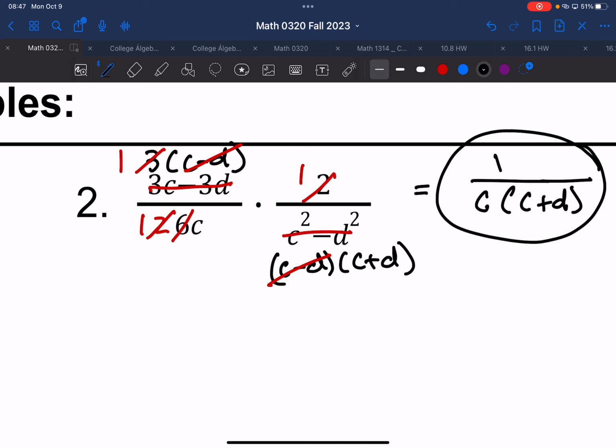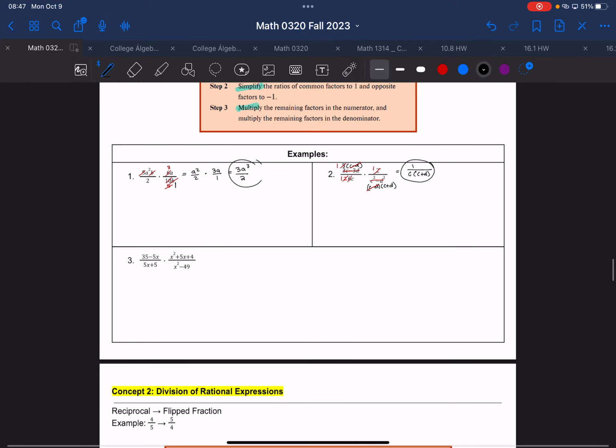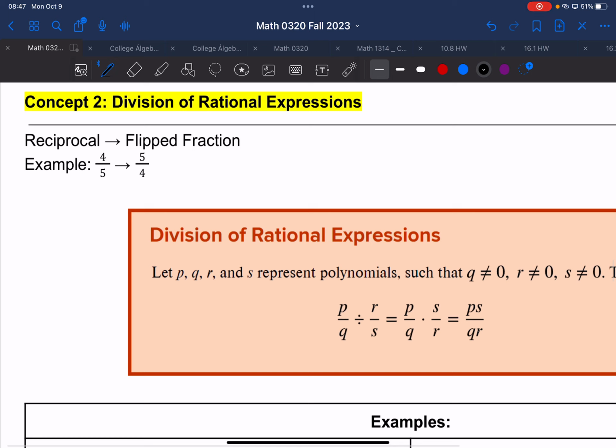So we reduce each fraction, then we reduce on the diagonal. So that was the concept for multiplication. It's going to be the same concept for division, except we don't multiply across.